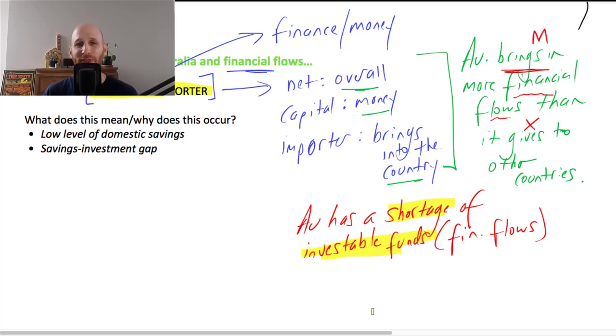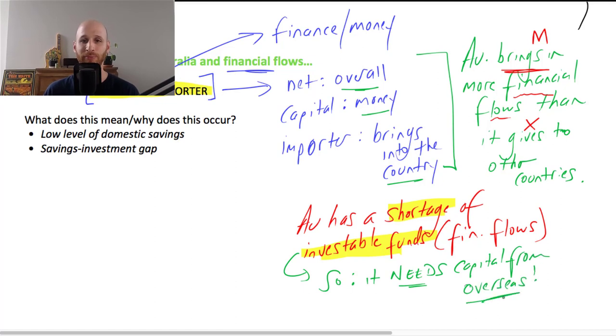What we can say is that Australia has a shortage of investable funds, funds that can be invested in particular projects. As a result, Australia needs to bring in capital from overseas, and that makes it a net capital importer. So Australia has a shortage of capital, a shortage of funds for investment, and it needs that from overseas.